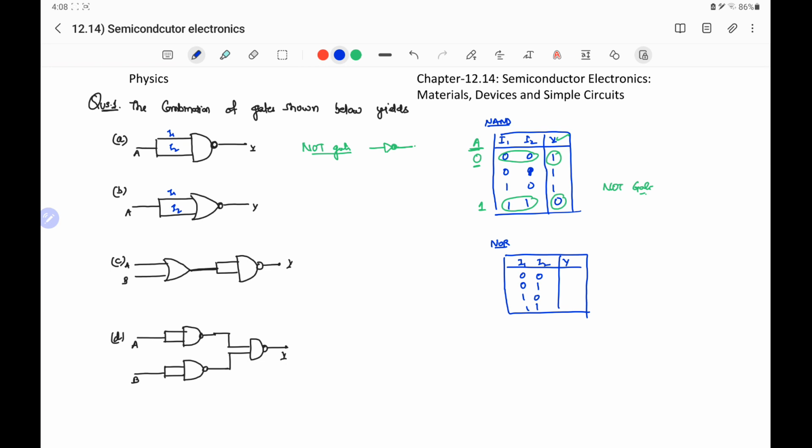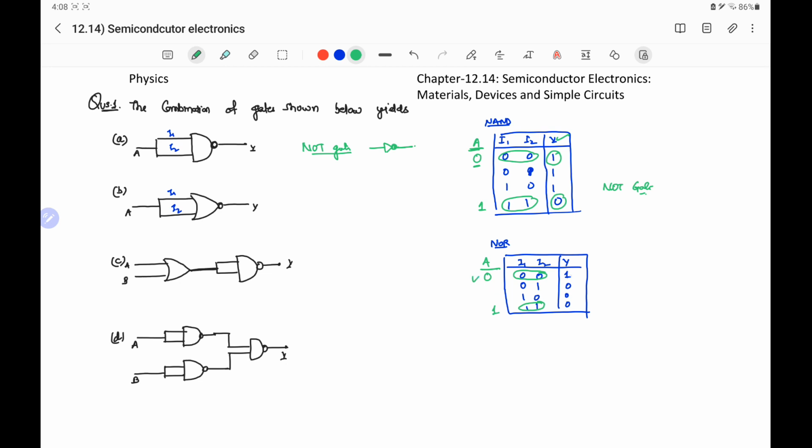For NOR gate, it inverts, that means output will be 1 when both inputs are 0, otherwise it is 0. And because both input terminals are connected to A, these have the same value, either 0, 0 or 1, 1.